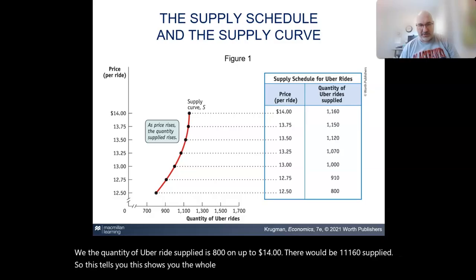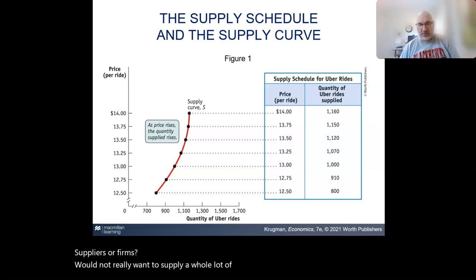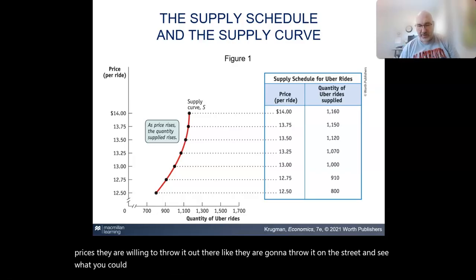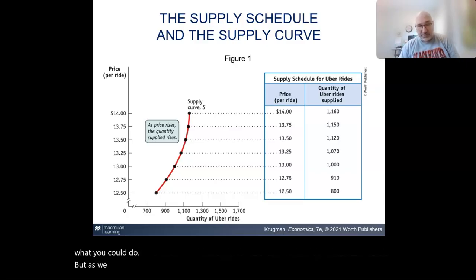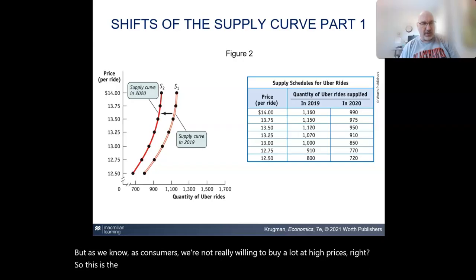At low prices, suppliers or firms would not really want to supply a whole lot of the good or service, but at high prices, they are willing to throw it out there. Like they are going to throw it on the street, see what you can do. But as we know as consumers, we're not really willing to buy a lot at high prices, right? So this is the way this works.